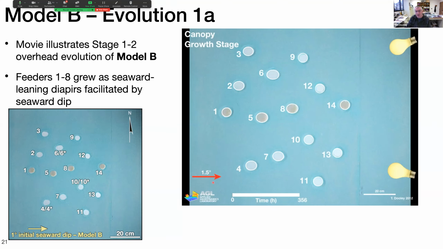I ended up at that by putting it on an early slope, and all others grew upright.